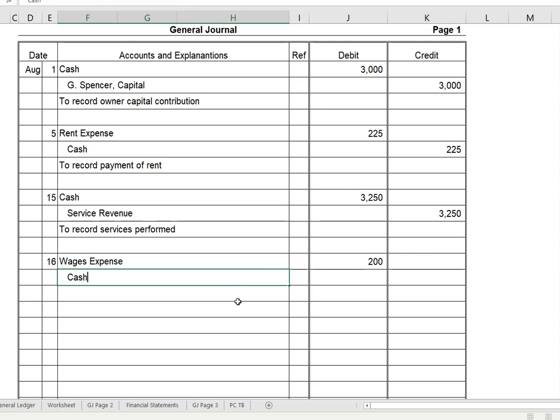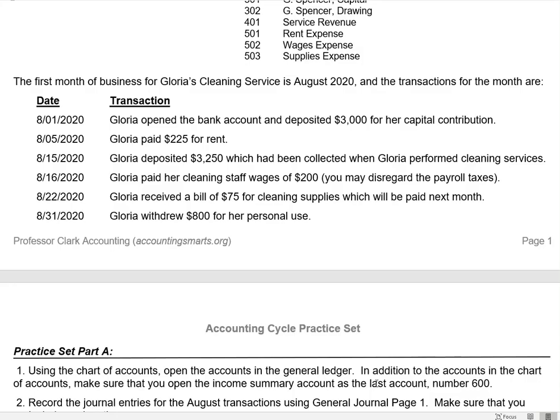And we're going to credit cash because we paid her in cash. It's another $200. And our explanation is to record payment of wages. Excellent. 4 transactions done.